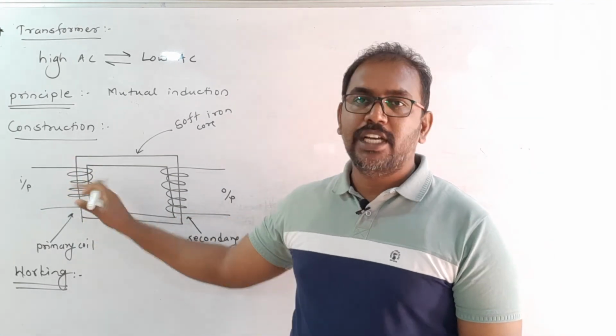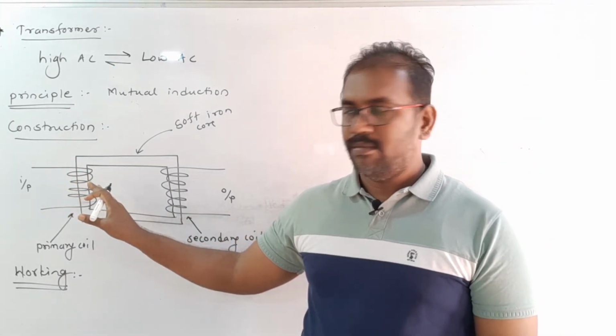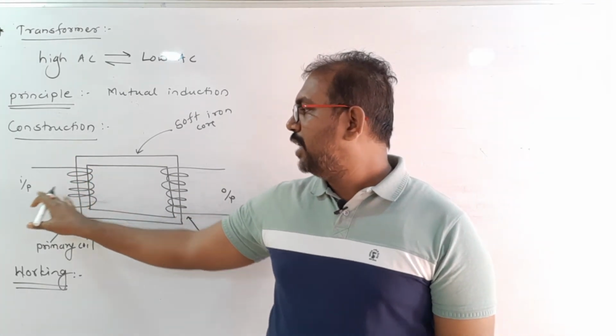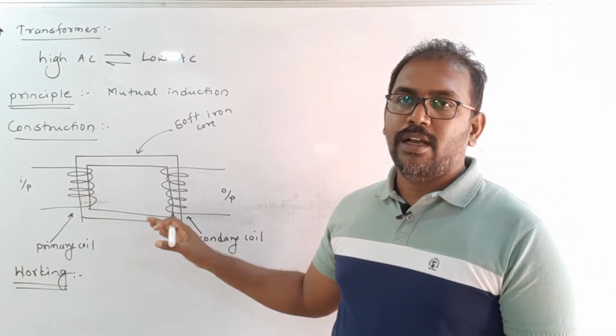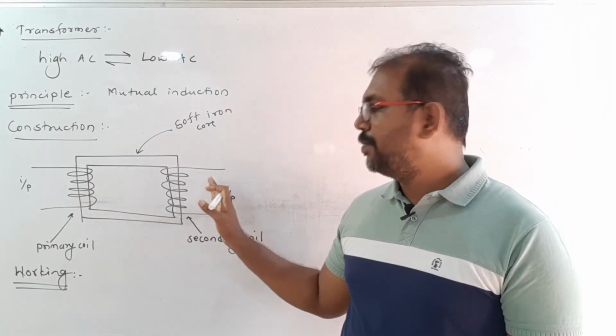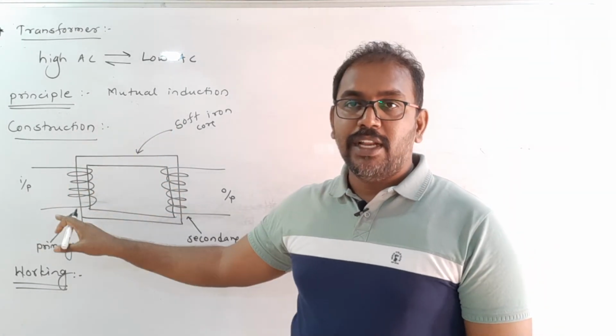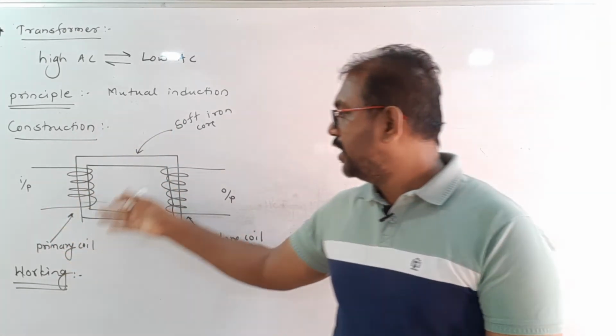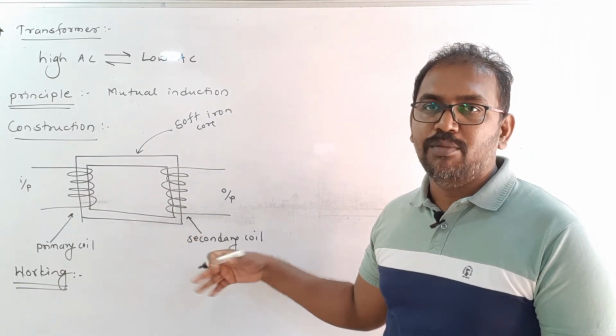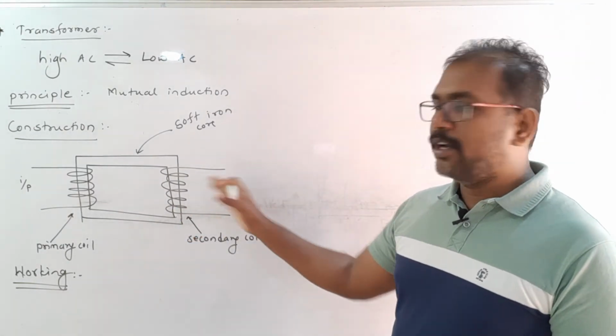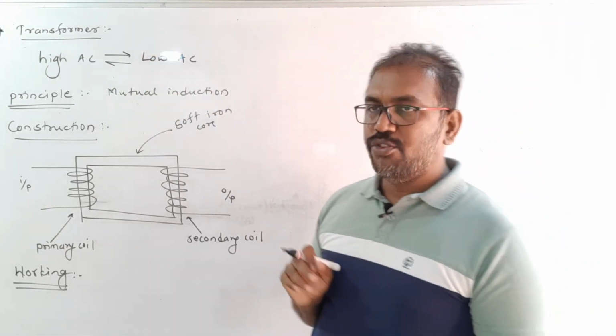Due to this changing current, magnetic flux is produced, and due to that flux, EMF is induced in the secondary as well as in the primary. In the primary it is called self-induction, and in the secondary it is called mutual induction. We get output because of mutual induction. So the principle is mutual induction.